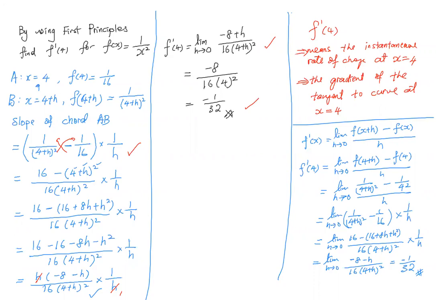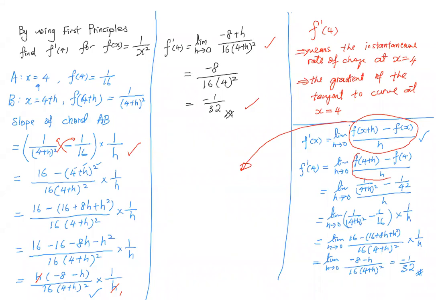Now, everyone have a look at here. This is the formula given by your textbook. If you look at page 29, can anyone tell me what this represents?